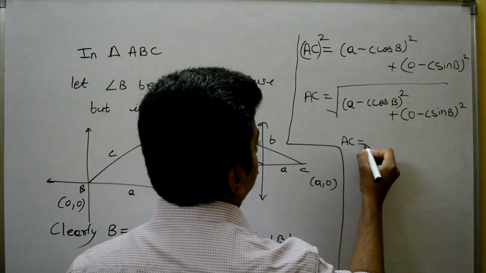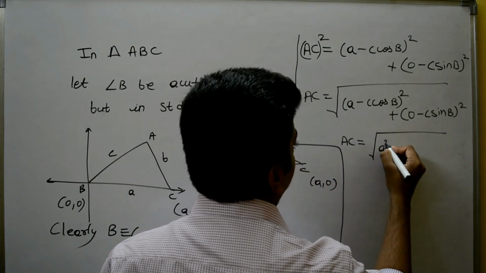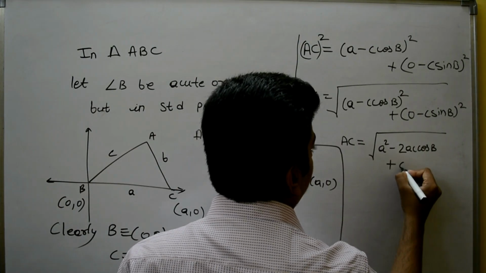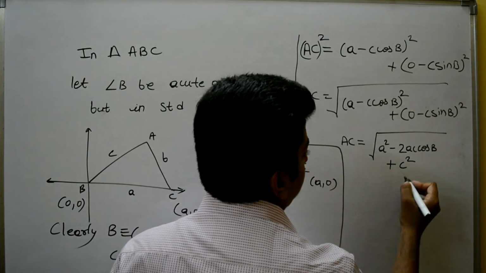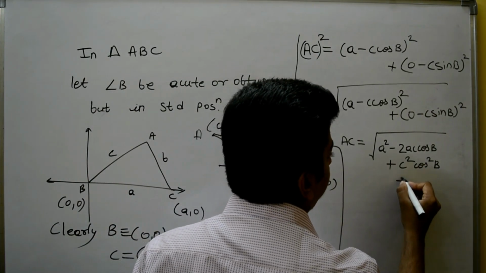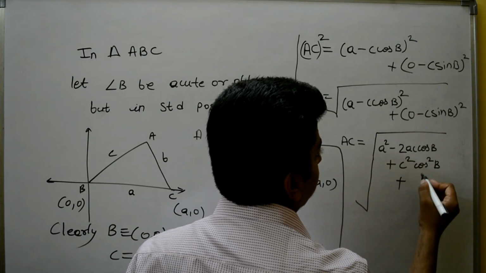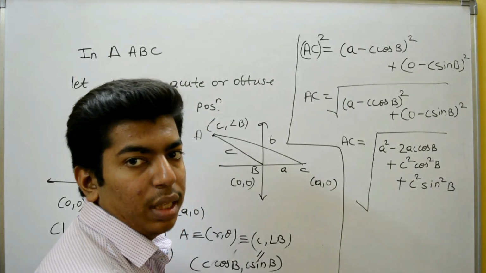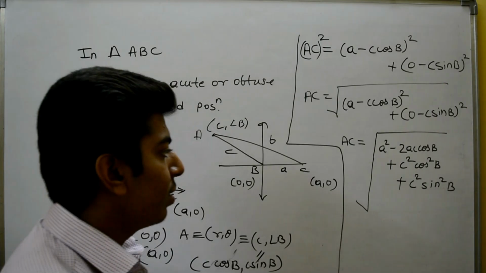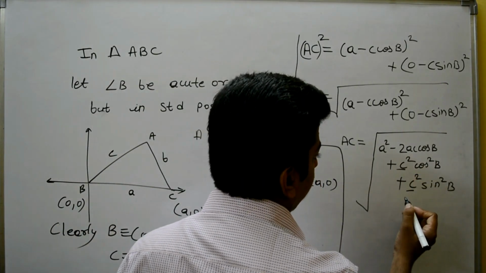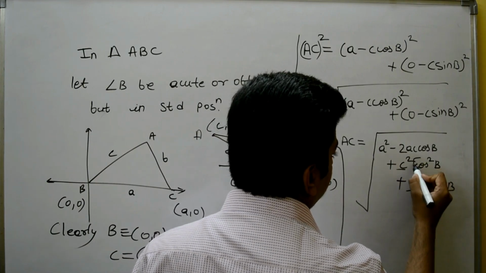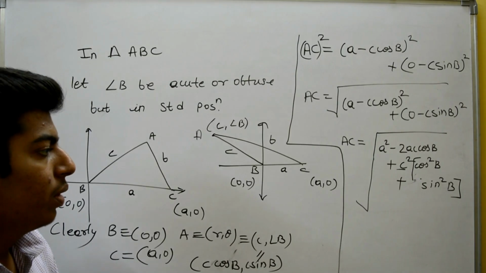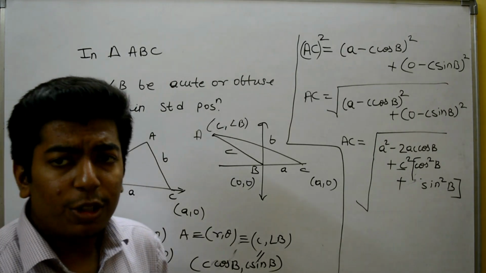So AC will be under root of a square minus 2ac cos B plus c square cos square B plus c square sin square B. Now taking c square common, we get c square inside the bracket, cos square B plus sin square B. So what is cos square theta plus sin square theta?